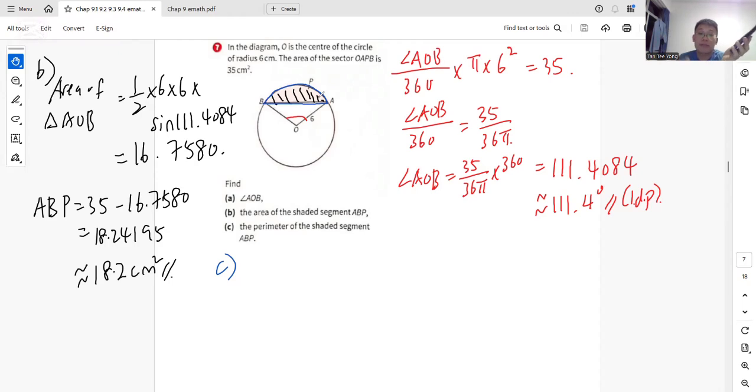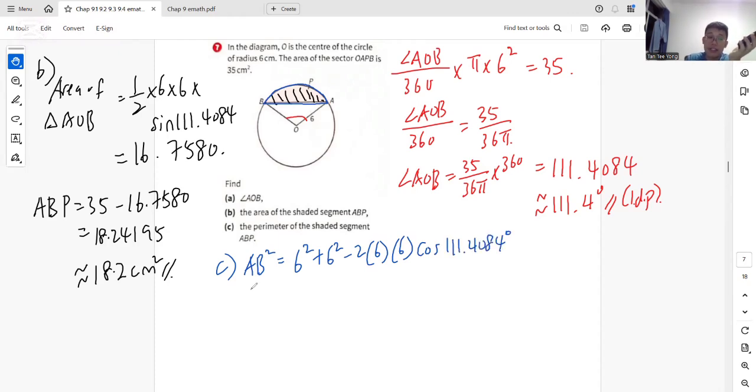I mean, cosine rule. So I will write AB squared equals 6 squared plus 6 squared minus 2 times 6 times 6 cosine 111.4084 degrees. Wow, quite a lot of things to write.